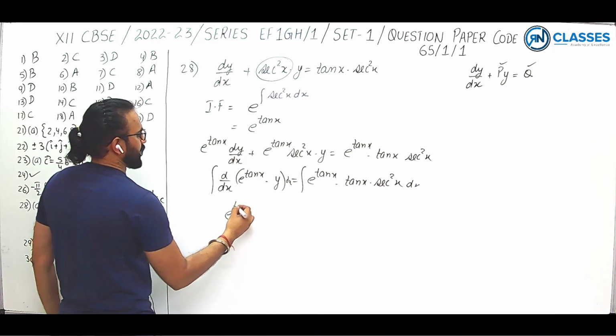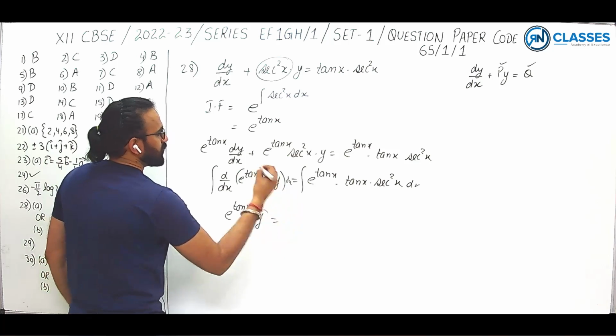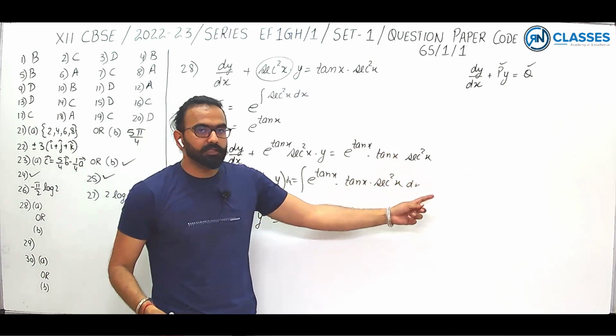Integrating both sides, we will get e power tan x into y equals, now how to proceed with integrating this?